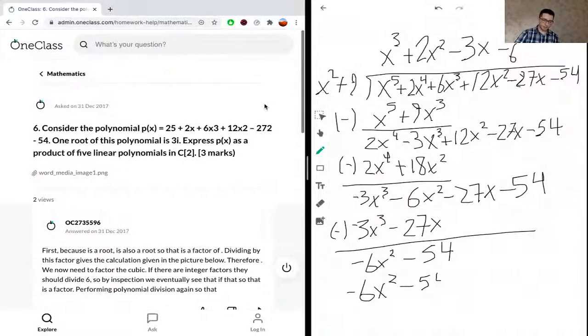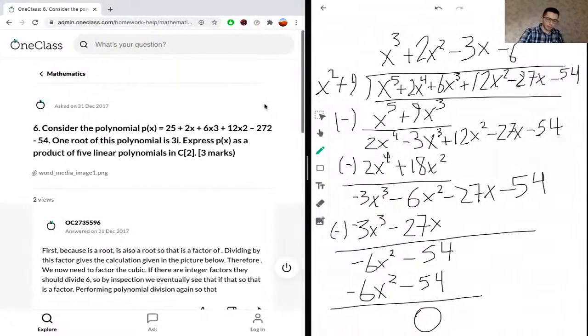So we can see that these just cancel out and we get 0. And we get 0 for the remainder. So we successfully divided x squared plus 9 into this function, and we got the polynomial that we're looking for.